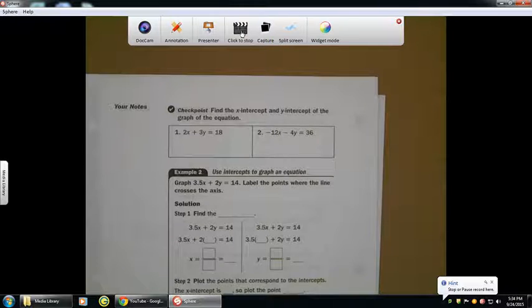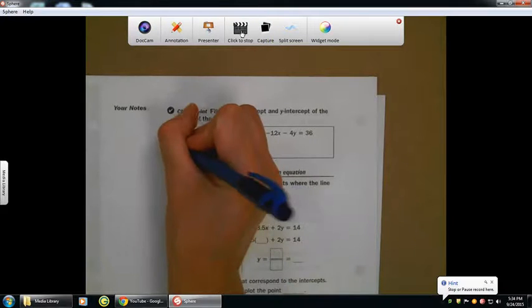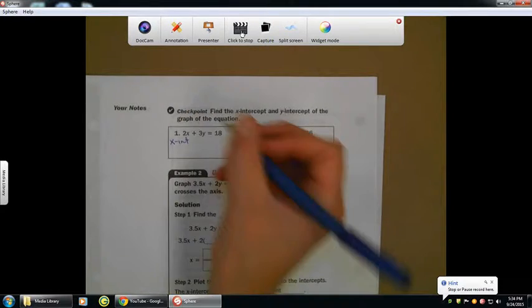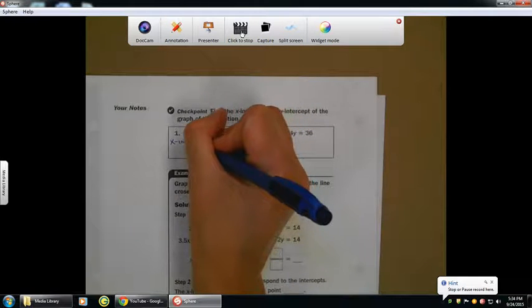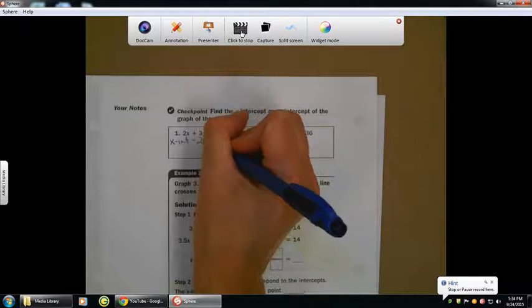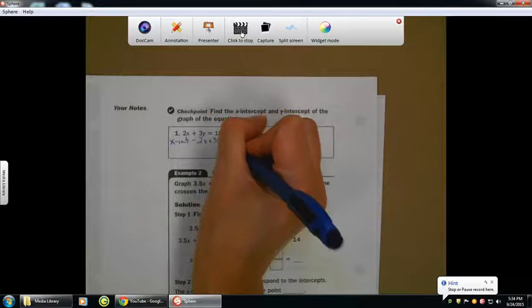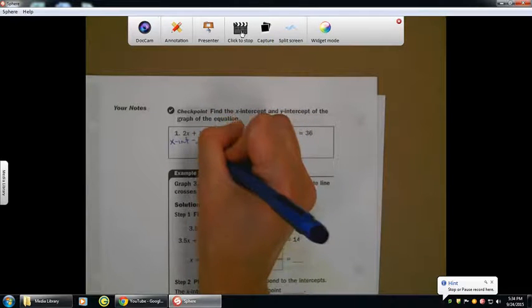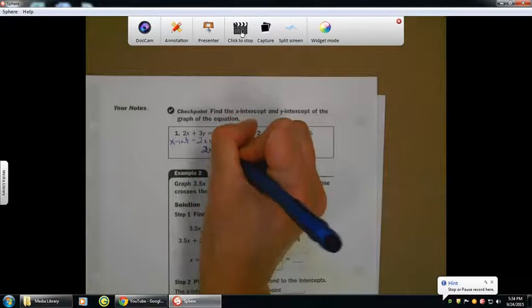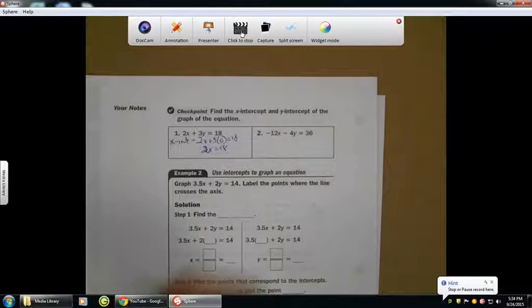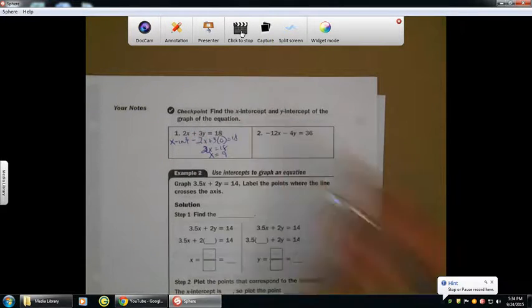Okay, going back. So to find the x-intercept, I am going to substitute a 0 in for y. I'm left with 2x equals 18. X equals 9.